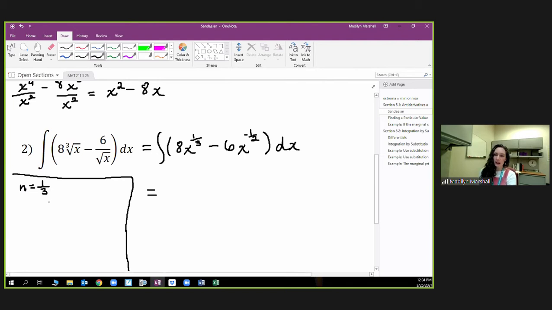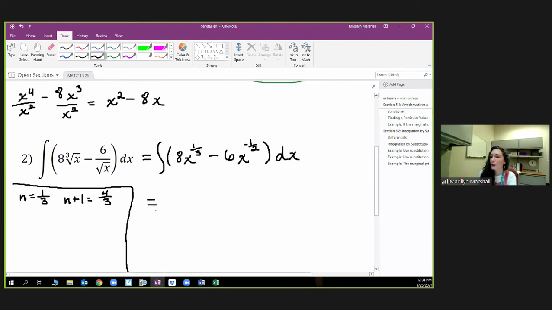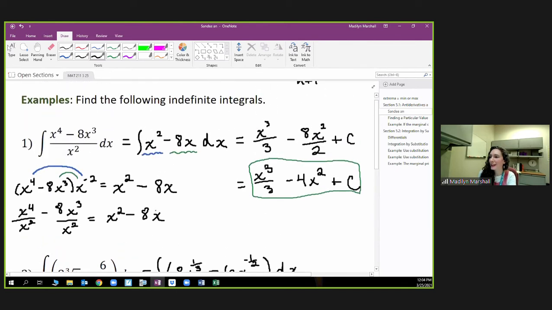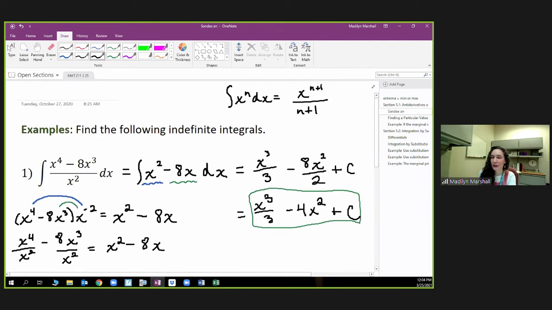So n equals 1/3 is the first term. So our exponent is 1/3, which means n plus 1 is 4/3. So I like to figure out what n plus 1 is going to be so that we can put it into our little rule.